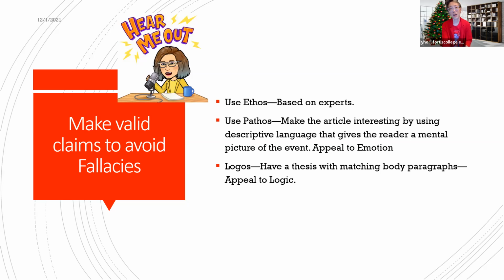So if you have an argument that only has pathos, it's illogical, it's a fallacy. If you have an argument that's missing ethos, it's illogical, it's a fallacy. If you have an argument that's missing logos and has no essay structure, it's illogical and it's a fallacy. And so in order for your argument to have full validity, you have to have all three, ethos, pathos, and logos.